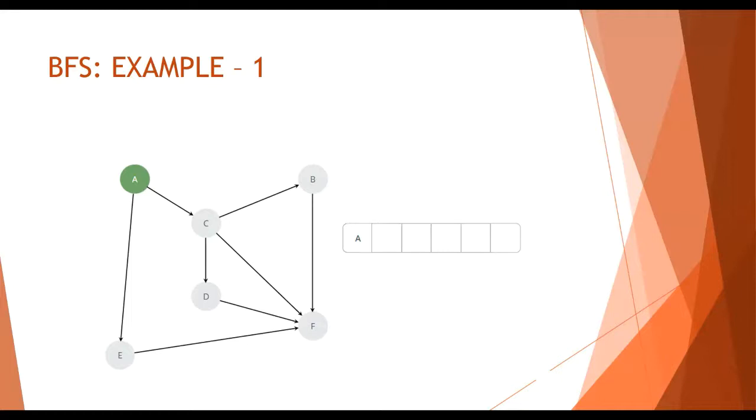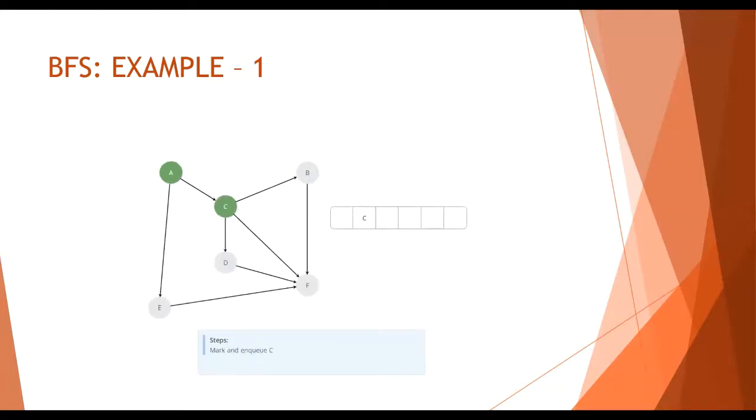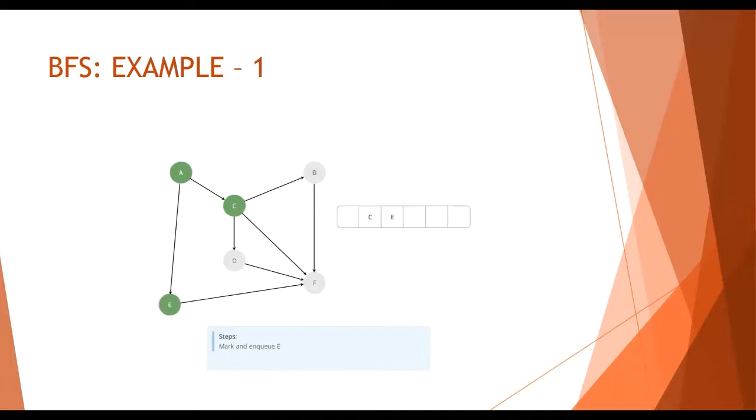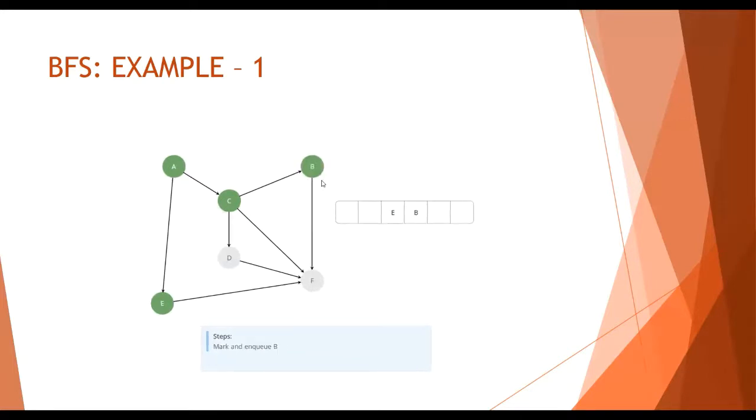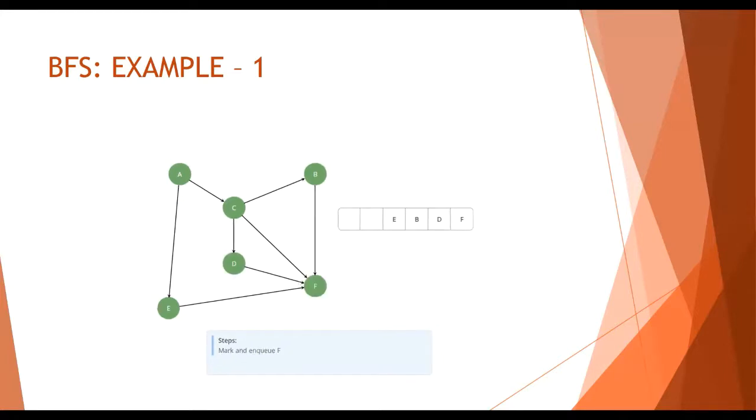E and C. In this example, I start on the right side, so C goes first, followed by E. Then the next level, level 2: what is connected to C? B. Then D or F can follow, it's up to you, D and F, since they are all connected with C.